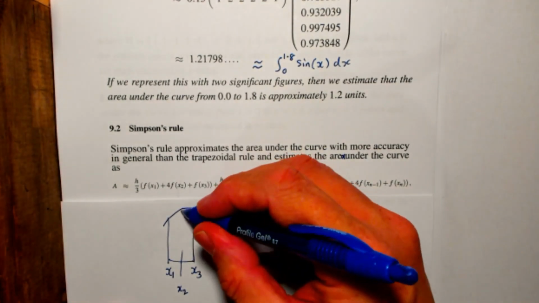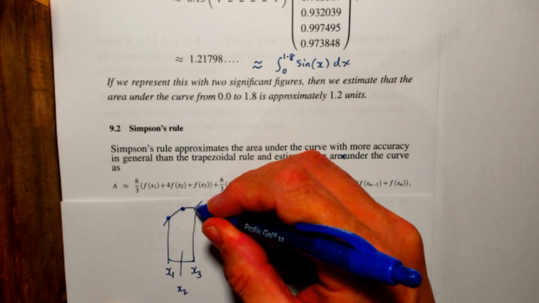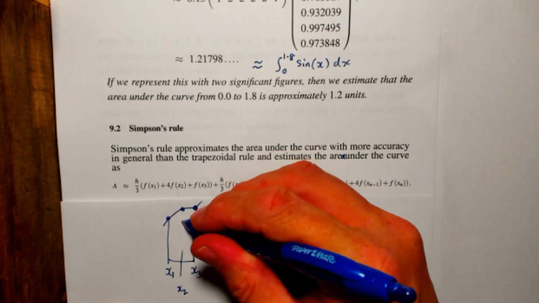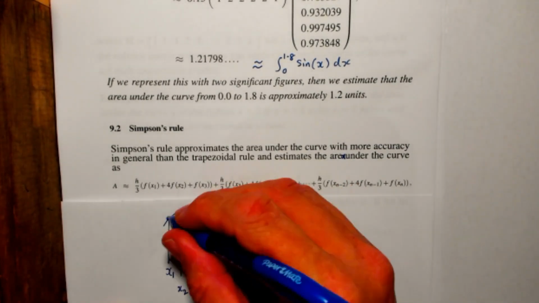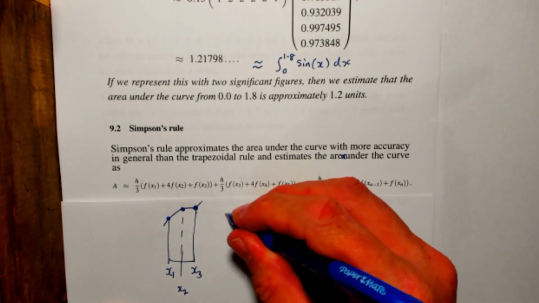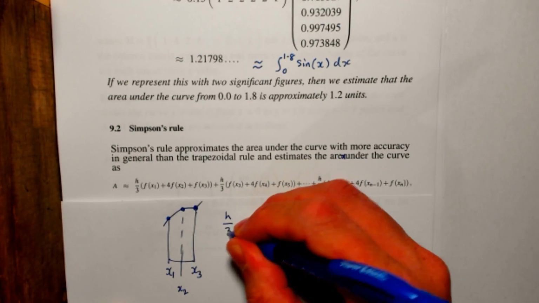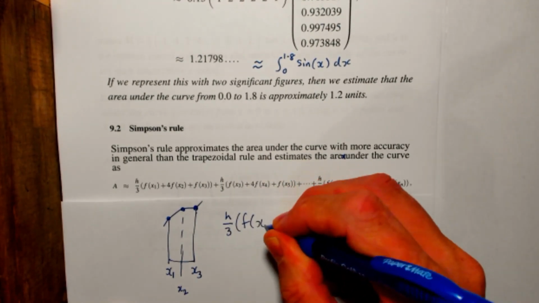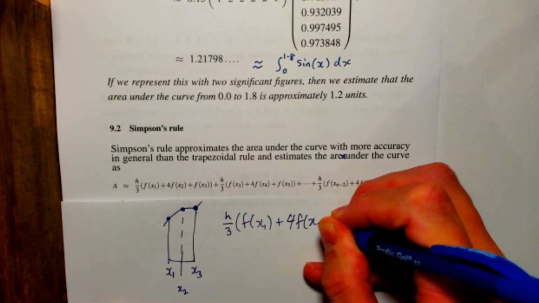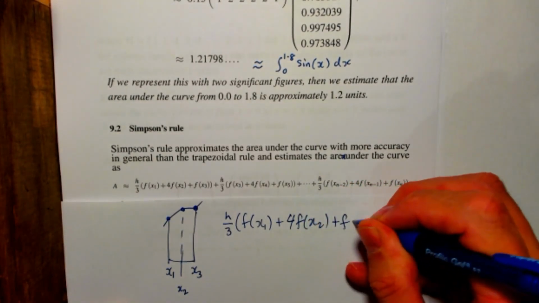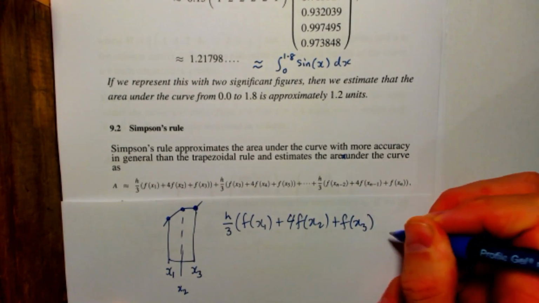So it takes in 3 points. And estimates this area as h on 3 times f of x1 plus 4 times f of x2 plus f of x3.